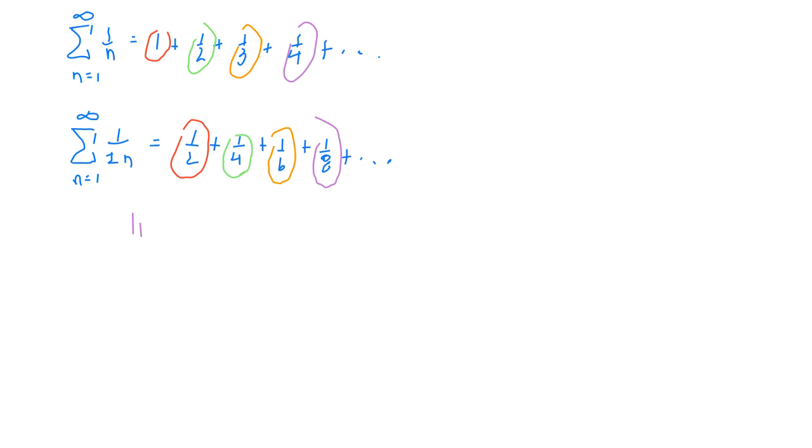If we take the limit as n goes to infinity of a sub n over b sub n, and let's say a sub n is 1 over 2n, and let's say b sub n is 1 over n. Oh, hold on, I forgot to carry my limit.